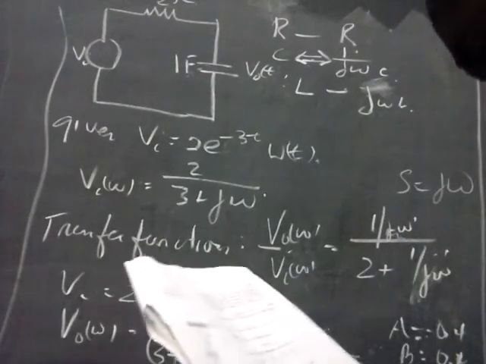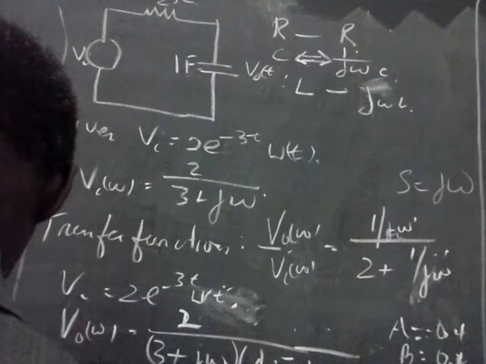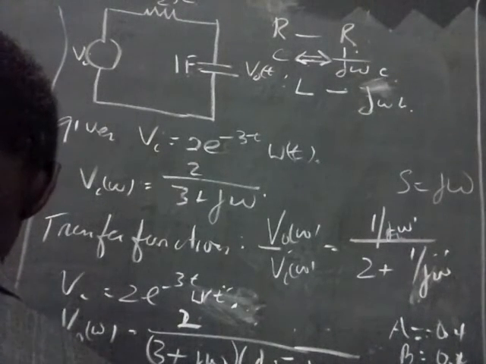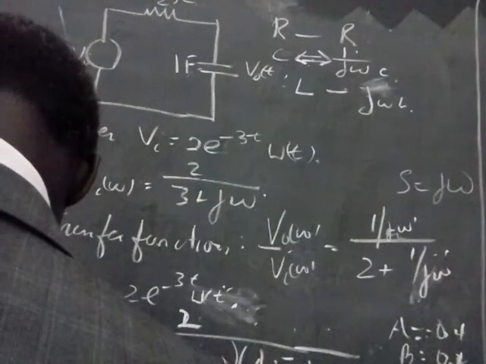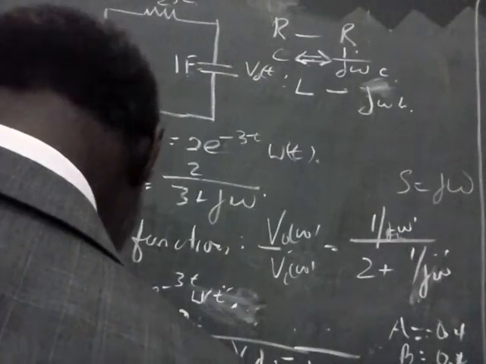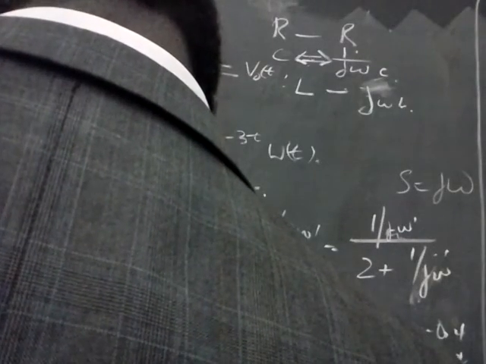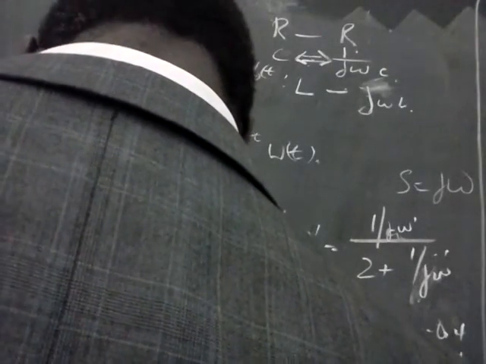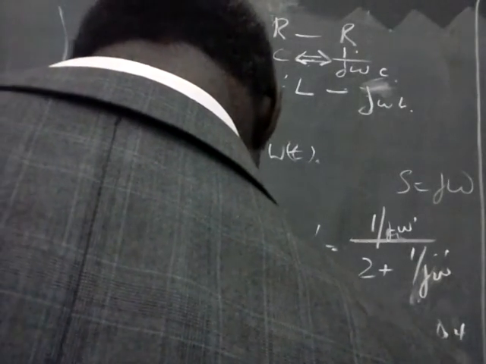And so in the end we could rewrite this V0 in the time domain as 0.4 times e to the minus 0.5t plus e to the minus 3t.